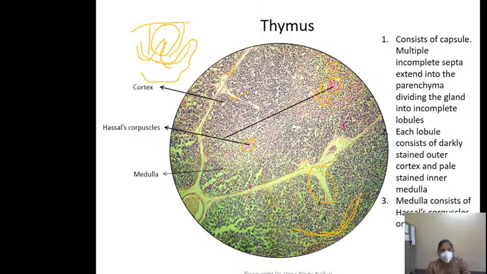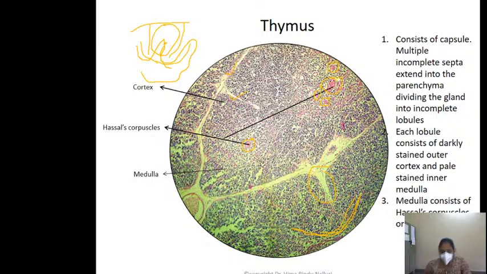The medulla can be identified as pale stained with sparsely arranged lymphocytes, and in the medulla you see the coral eosinophilic bodies. Those are called the Hassall's corpuscles or the epithelial pearls. So when you see a slide without lymphoid follicles or lymphatic nodules, with diffusely arranged lymphocytes and central Hassall's corpuscles, that is the slide of thymus.